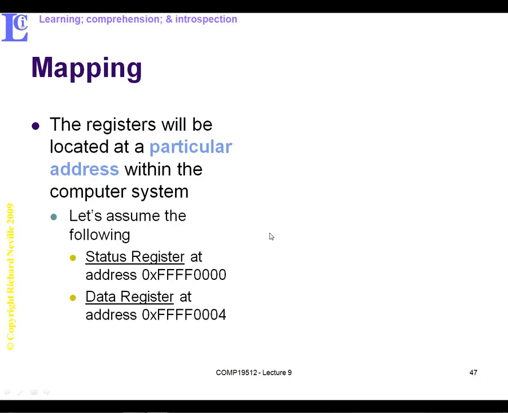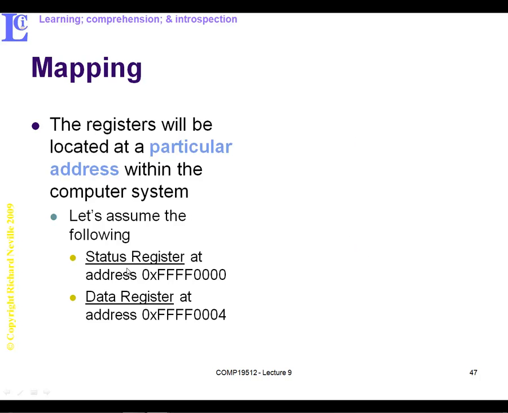So now let's look at this concept of how the CPU reads the status register first to see if data or a key has been pressed, and then the data register to get the actual numerical value of the key. Well, this works by a concept of locations, particular addresses. This diagram that's going to appear in a minute is called a memory map. So where would we place these?